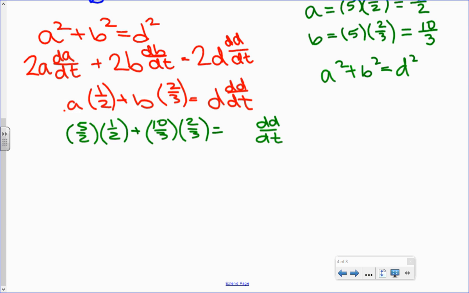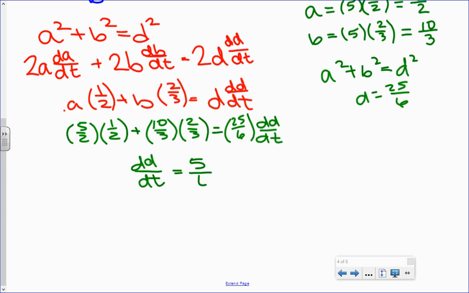Do you get 25/6? Okay. So now if you add these two, divide by 25/6, I'll just save you some time.